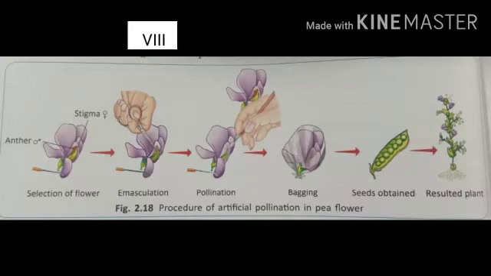Artificial pollination or hybridization is done by man to produce high yielding and disease resistant varieties of plants which grow and mature early with better quality of flowers, fruits, grains, cereals to satisfy the increasing human population. In this, plants with desired characteristics are selected.